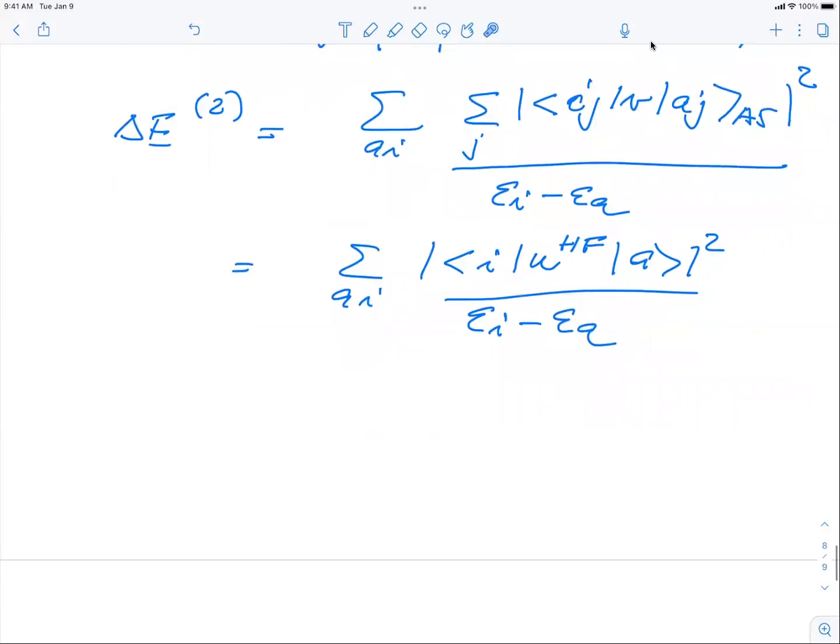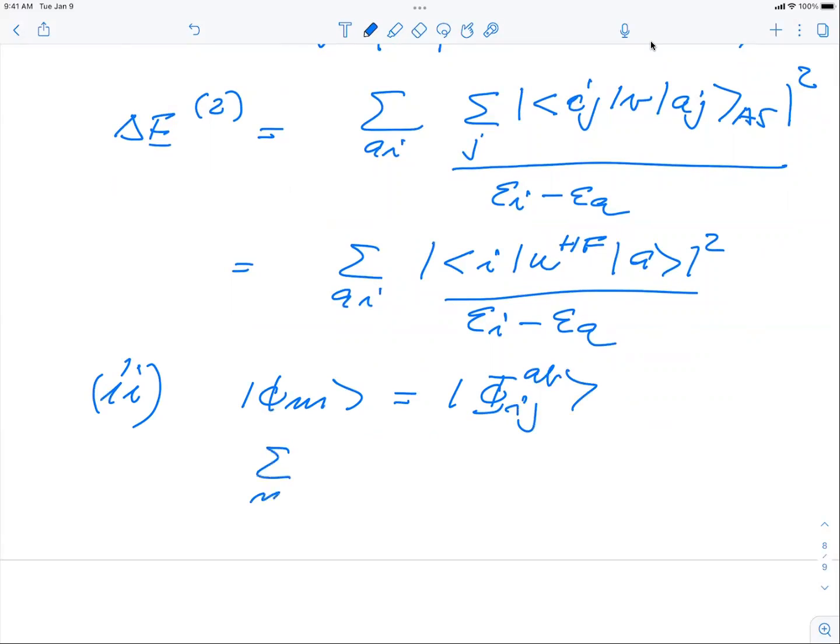Then we can take the next term, which now contains the two-particle two-hole state. That means that the state Φ_m is simply given by Φ_ij^ab. That means that the sum which we had over m is replaced by a sum over a, b, i and j.